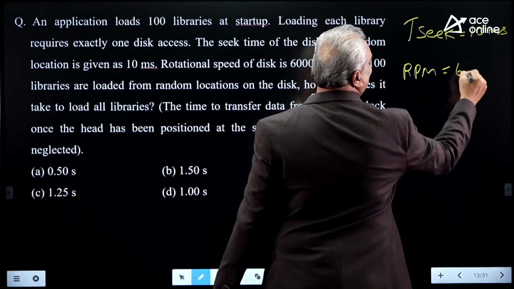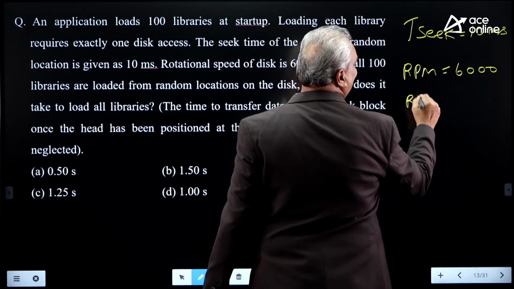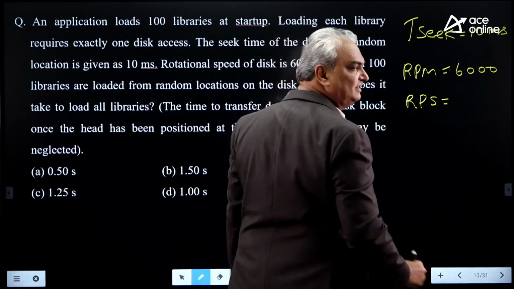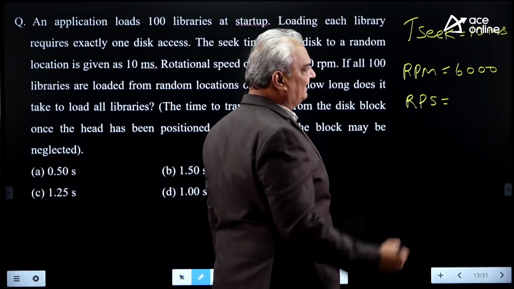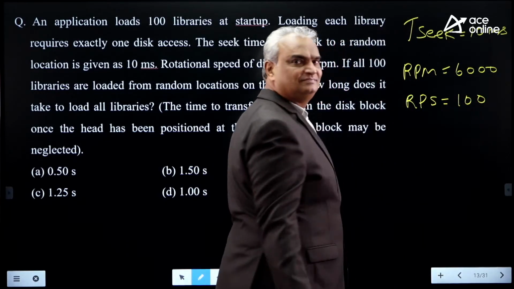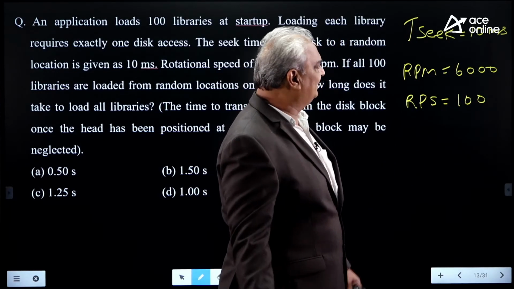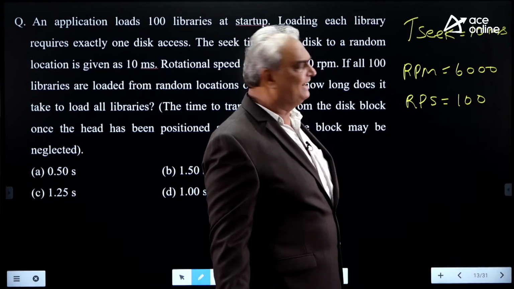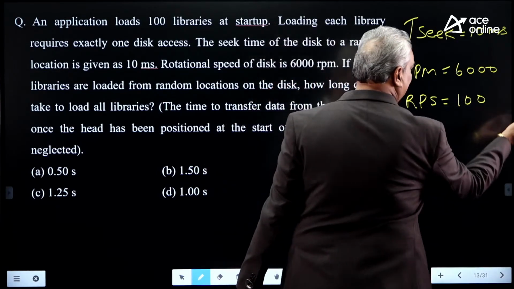RPM, 6000. What is RPS? Rotations per second. Technically, revolutions per second. RPM by 60, nothing but 100. 6000 by 60, nothing but 100. What is one rotation time?